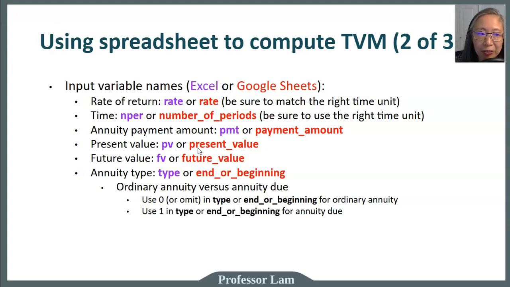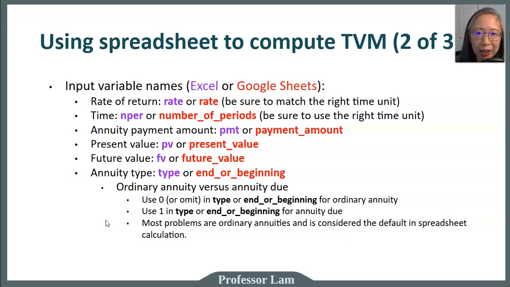If you are working with an annuity due, you'll put the number 1 in this variable. Since most problems that you work with are going to be ordinary annuities, that's considered the default. So if you omit any entry for this input variable, Excel and Google Sheets will assume that you're working with an ordinary annuity.